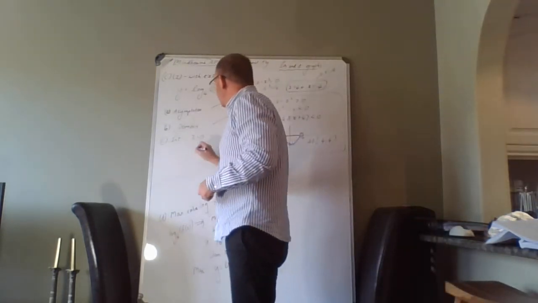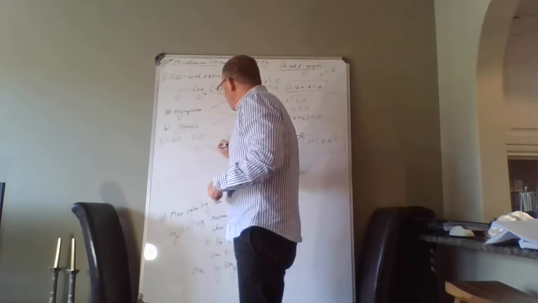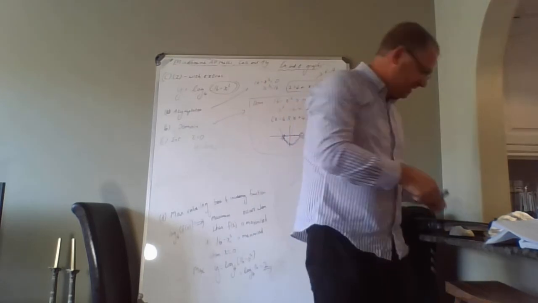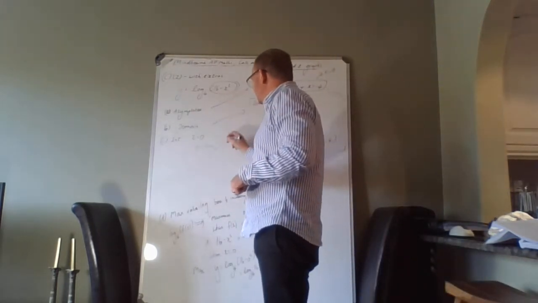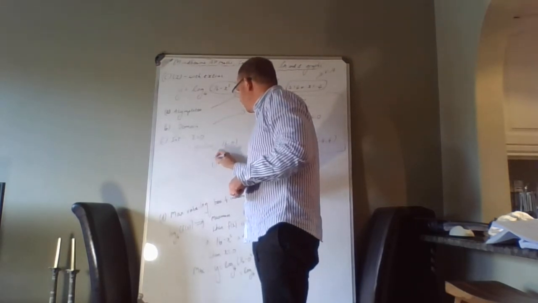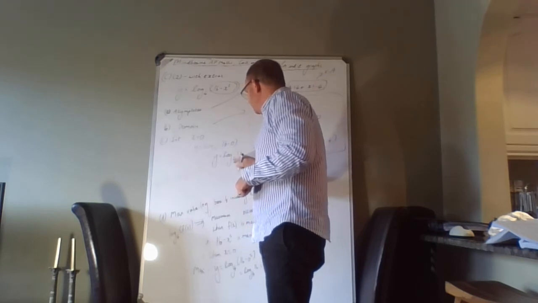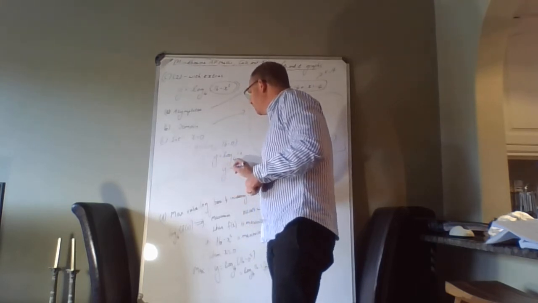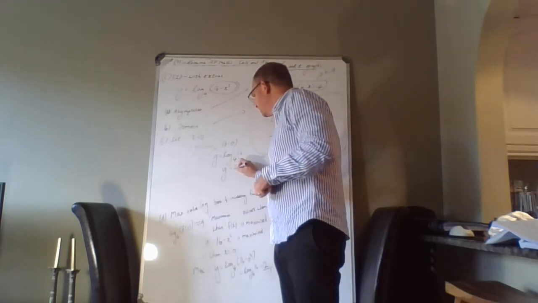if x is 0, we're going to get y is equal to log 4 of 16 minus 0, which is log 4 of 16. What does that mean? 4 to the what is 16? Well, 4 to the 2 is 16, so y is equal to 2.